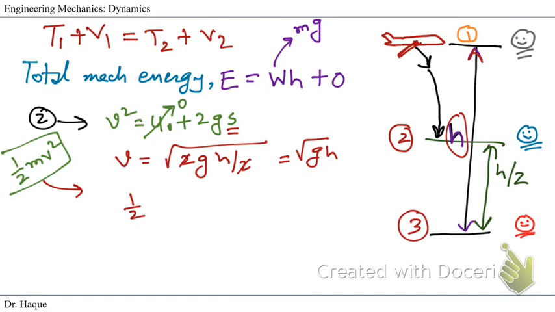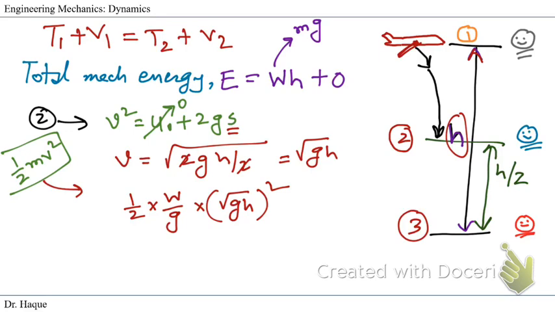So our kinetic energy would be half m, the mass, which we can say m is also equal to w by g, multiplied by the square root of gh, whole square, because velocity is the square root of gh, and my mass is weight over g.